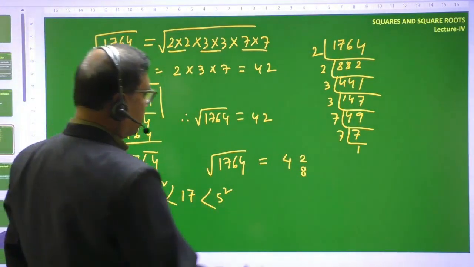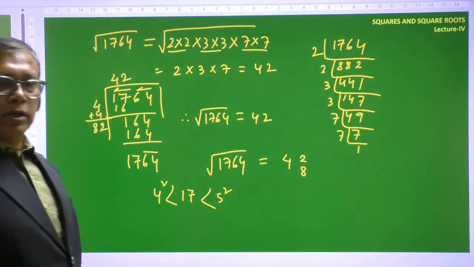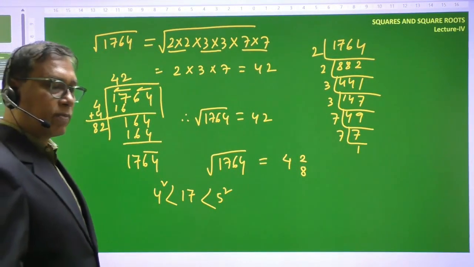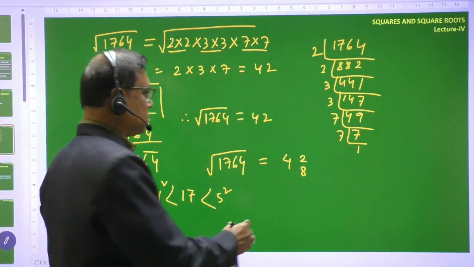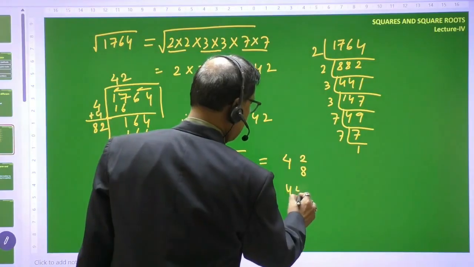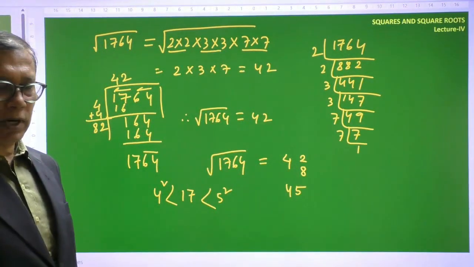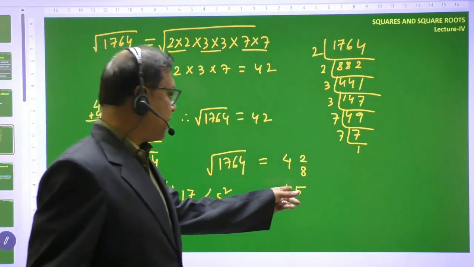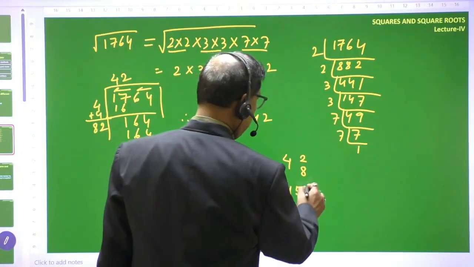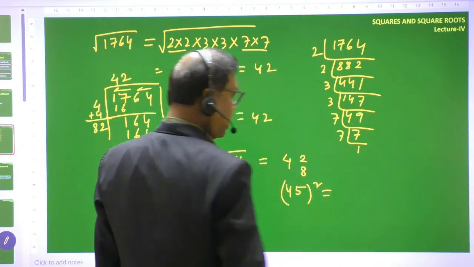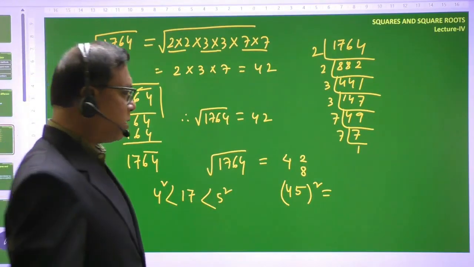For that I told, the two numbers are 42 and 48. In between these two numbers, we have to consider a number having unit digit 5. So obviously 45 is the number between 42 and 48. Now to find its square value, easily you can find it.